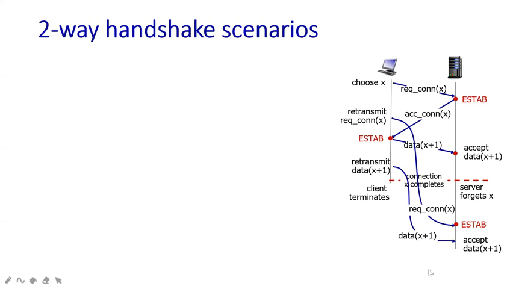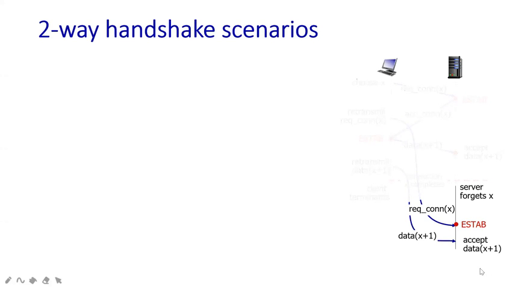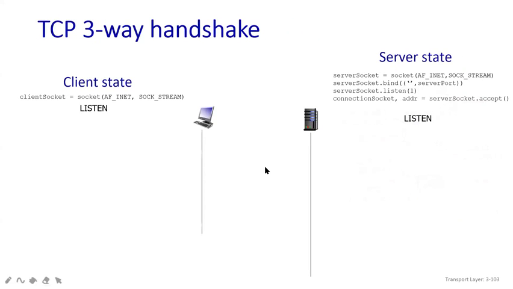Then again it will accept. Then what will happen in that case? It cannot send because it will see that duplicate data was accepted. So this is also a problematic stage for your two-way handshaking scenarios.